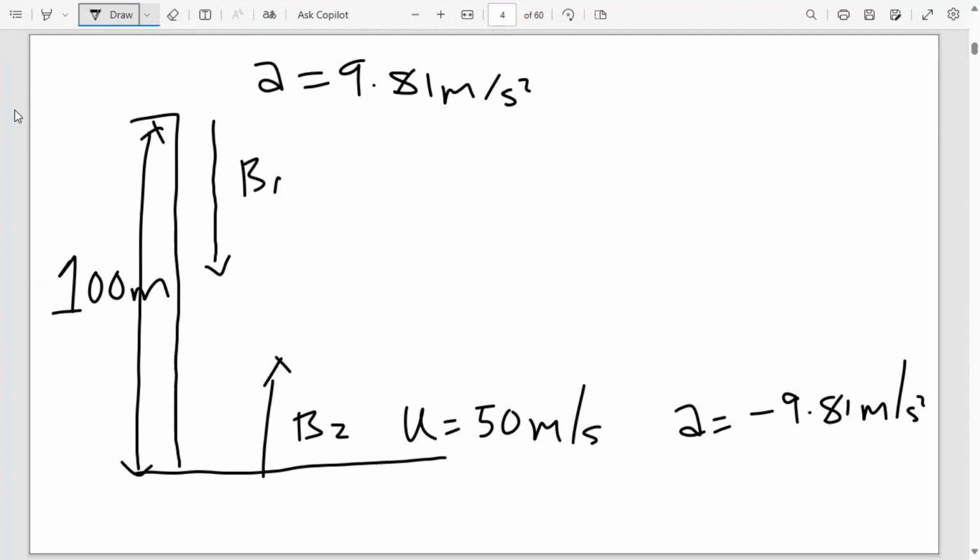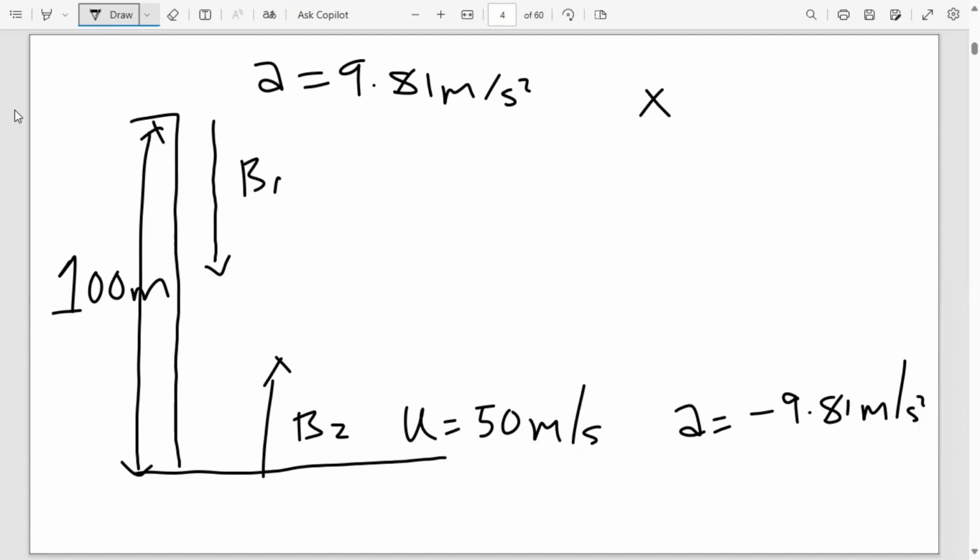We are going to take the distance covered by the ball that is thrown upwards to meet the other one as x. So the distance that ball number 2 is going to cover to meet ball number 1, let's call that distance x.